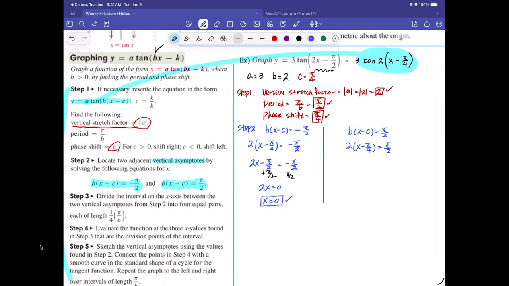And the next one, so this is the VA, vertical asymptote.